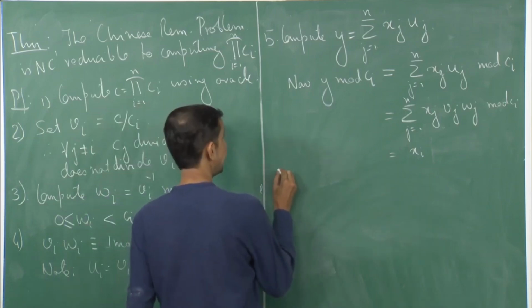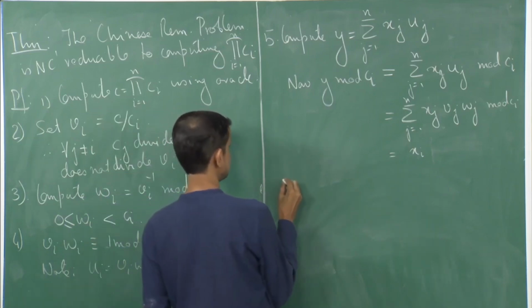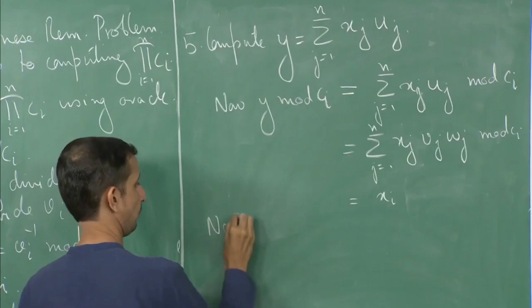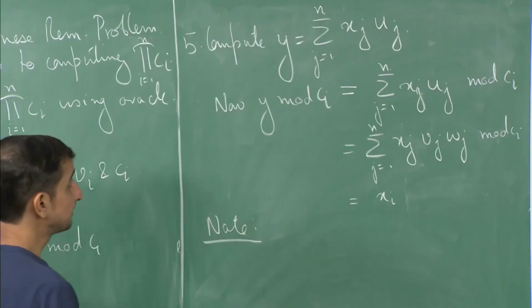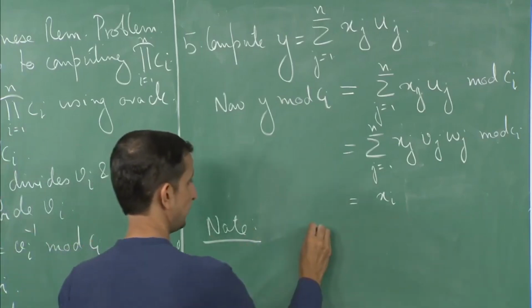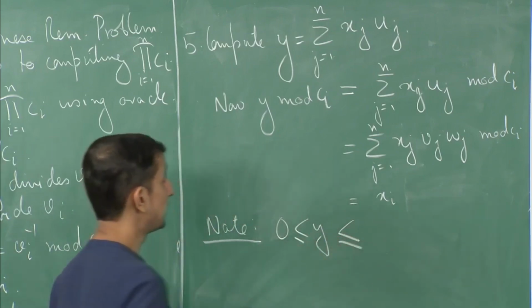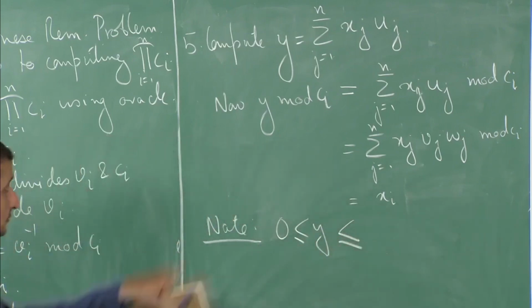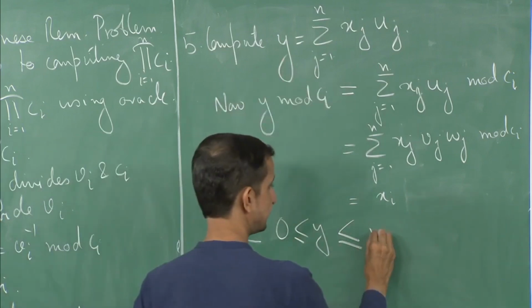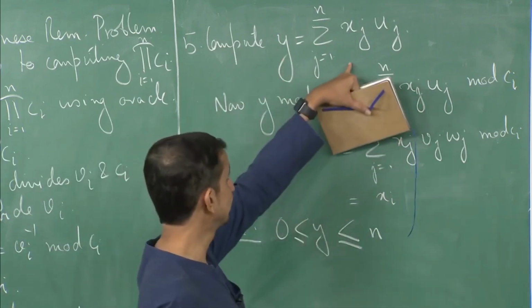So now one more observation. What is the bound on this value? Okay, so y is of course greater than z. What is an upper bound on y? So how many terms are here? There are n terms in this summation. What is the value of each term?